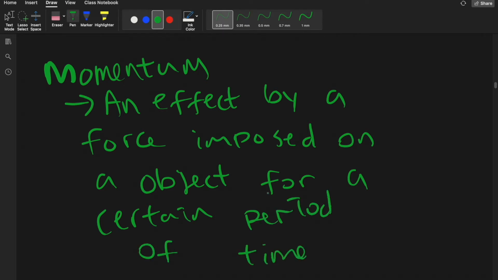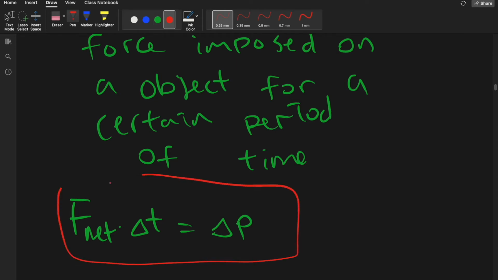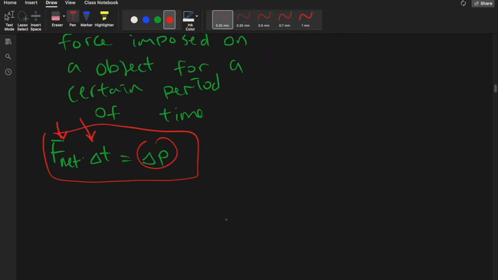This might be a little bit easier to understand what momentum is, because F net times delta t is equal to delta p, right? So a force imposed on an object for a period of time is equal to the change in momentum. Cool.